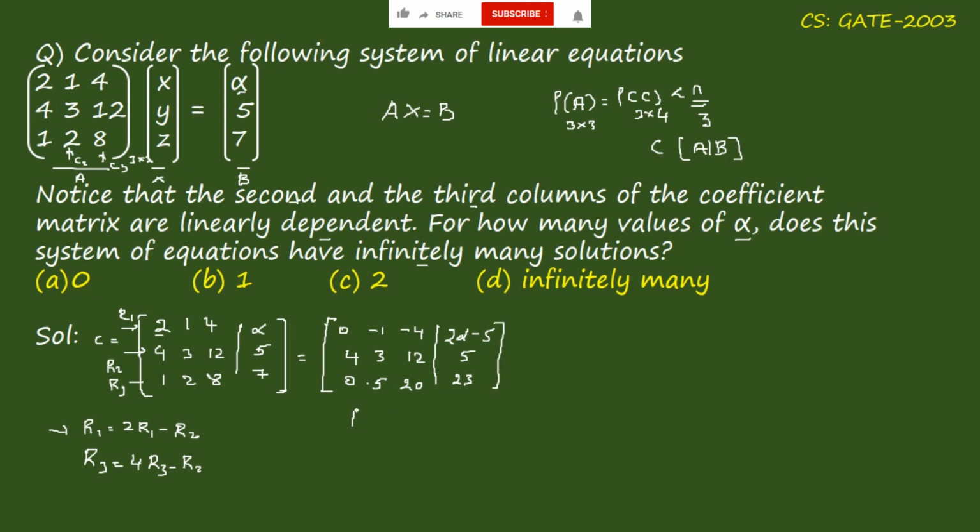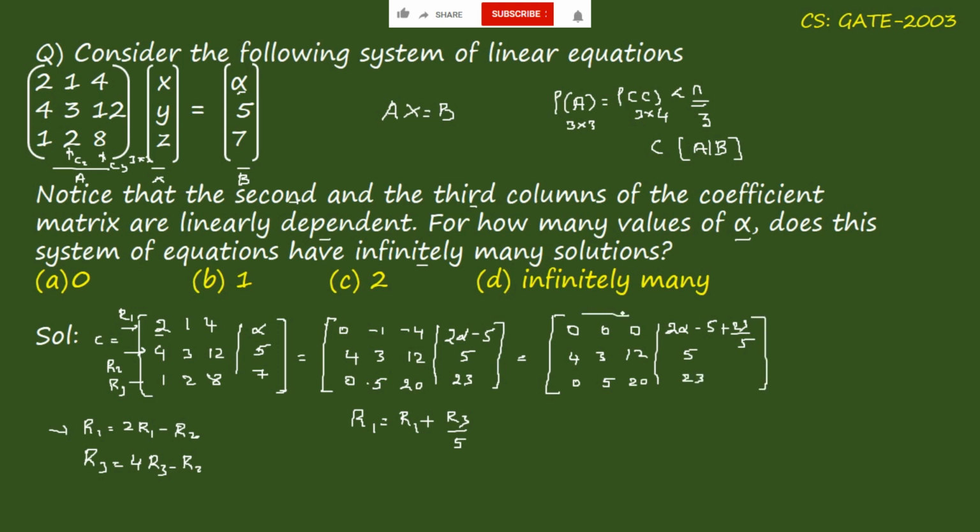Now what we do is let R1 equal R1 plus R3 by 5. And the matrix becomes 0, 0, 0, and this is 2 alpha minus 5 plus 23 by 5, right? And this is 4, 3, 12, 5, and this is 0, 5, 20, and this is 23.